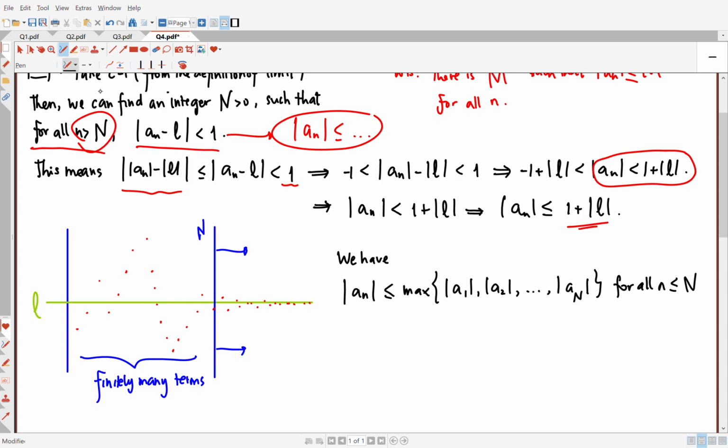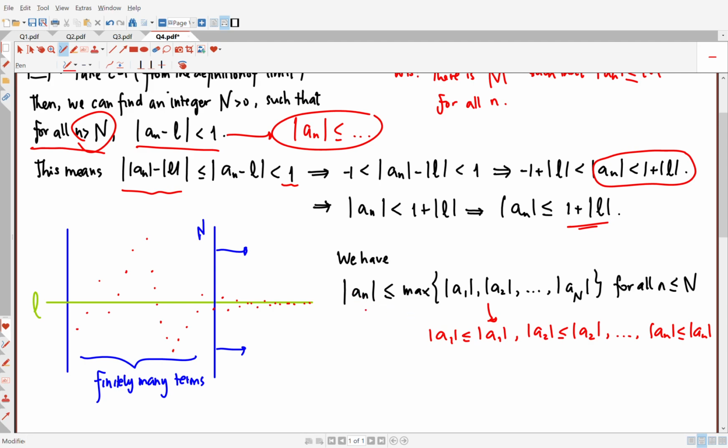This is because the absolute value of a_1 is less than or equal to the absolute value of a_1, the absolute value of a_2 is less than or equal to the absolute value of a_2, and so on until the absolute value of a_N is less than or equal to the absolute value of a_N.